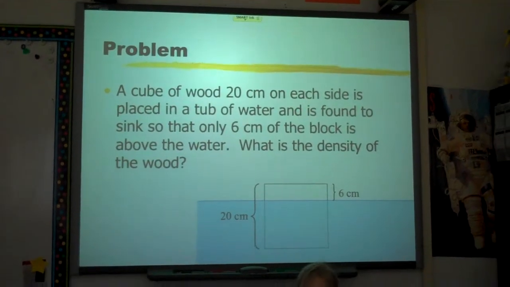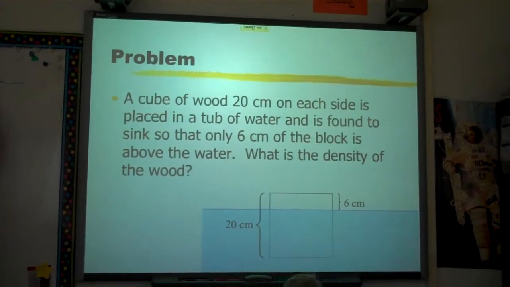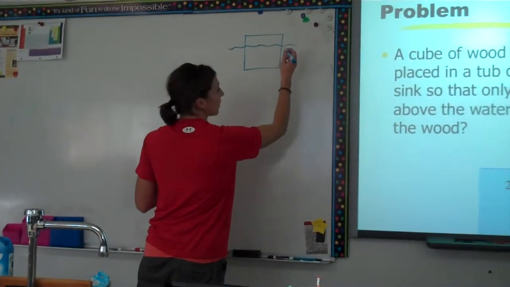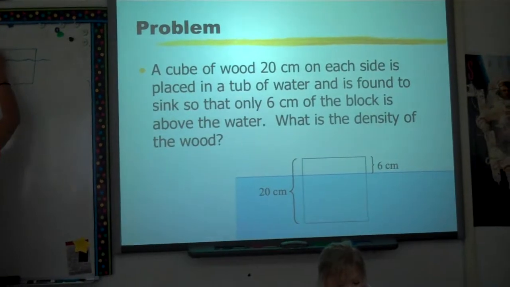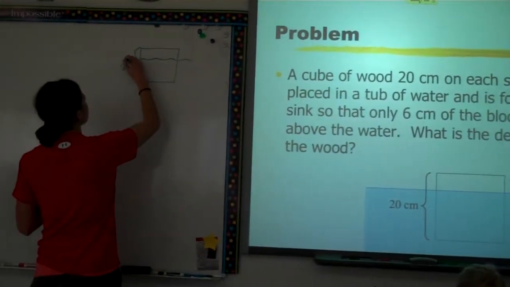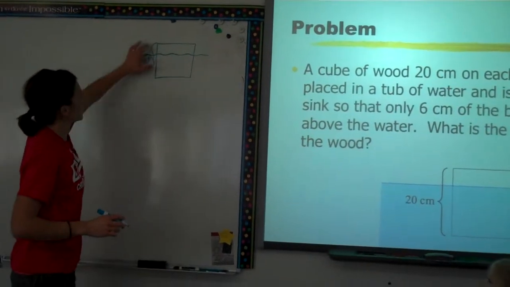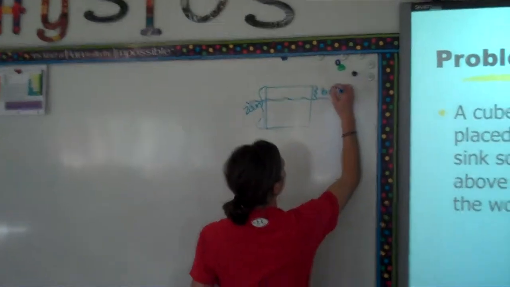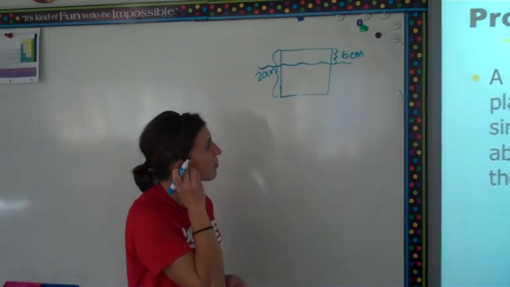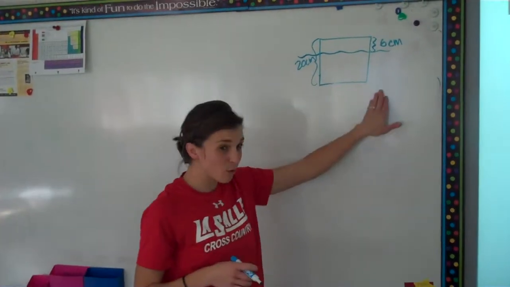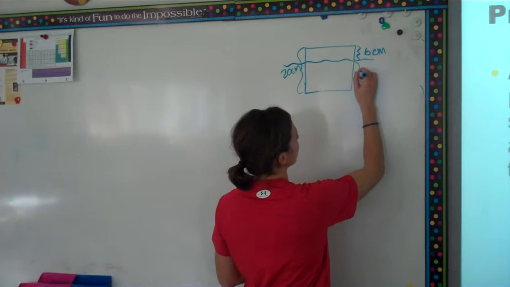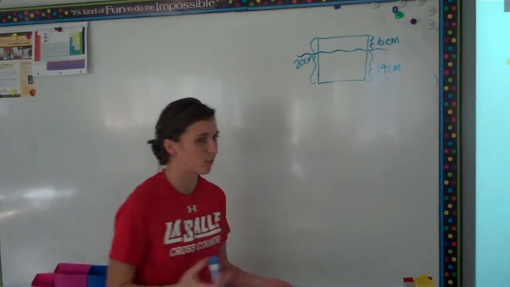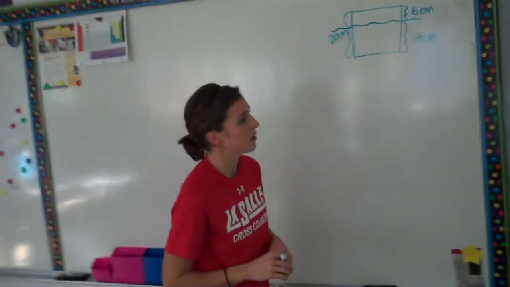So I'm gonna redraw our block of wood, our cube, and we know that 20 centimeters is the side of the cube. 6 centimeters is actually above water, and I know that buoyancy is going to be dealing with what's underwater, so I actually want to know that 14 centimeters is underwater. That's going to be important to me at some point.